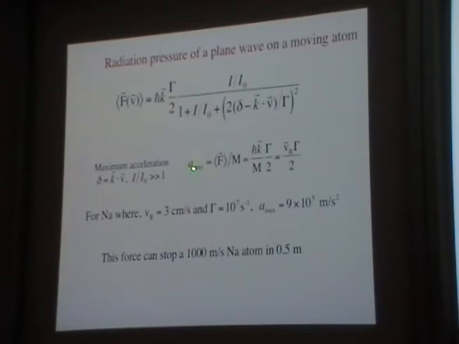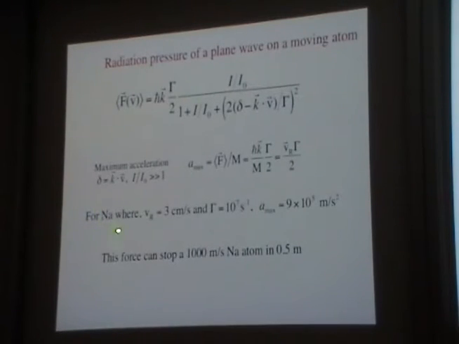And then you can compute the average acceleration just by taking the average force and dividing it by the mass, and you find that it's equal to the photon momentum divided by m, that is, the recoil velocity, times the maximum scattering rate of gamma over 2.